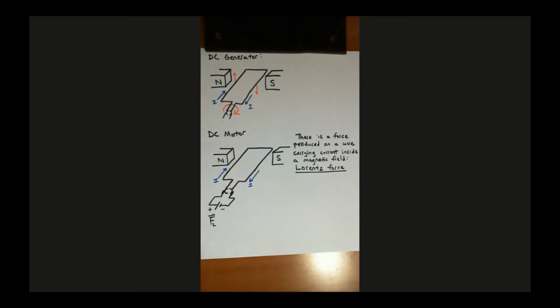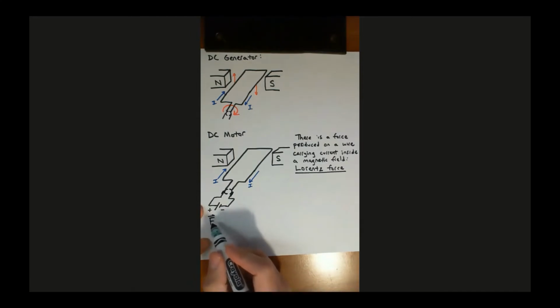A vector simply means something that has a magnitude and a direction. So the magnitude would be like a certain number of newtons or a certain number of pounds force, and it also has a direction that we are going to analyze in just a couple of minutes. So the Lorentz force is a vector.